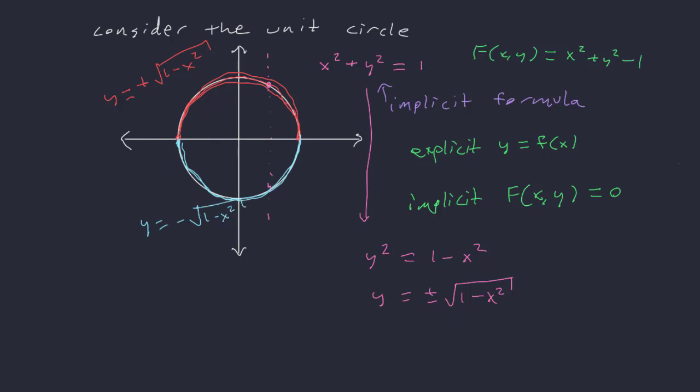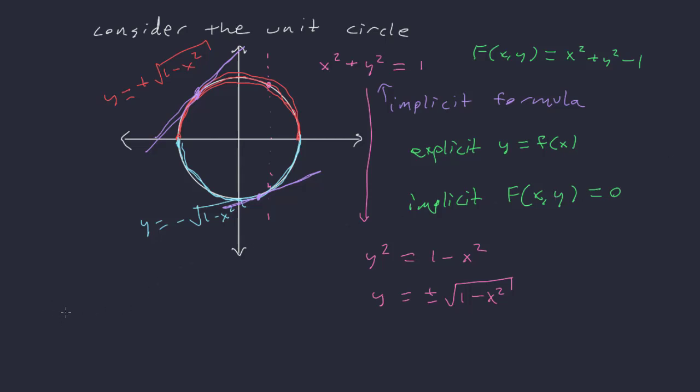All right, so from here, if we wanted to find, say, the slope of any tangent line on the top half of the circle, we would have to use this form, the plus square root. But if we wanted, say, a tangent line slope down here, we would have to use this one in the blue. So we would have two derivatives to calculate.